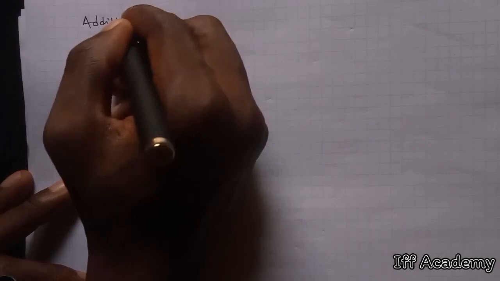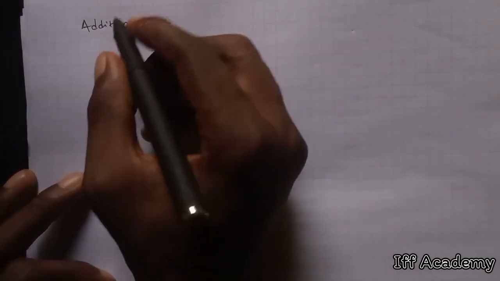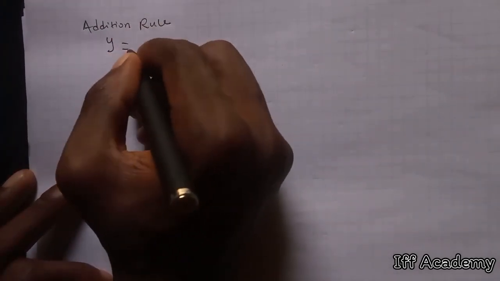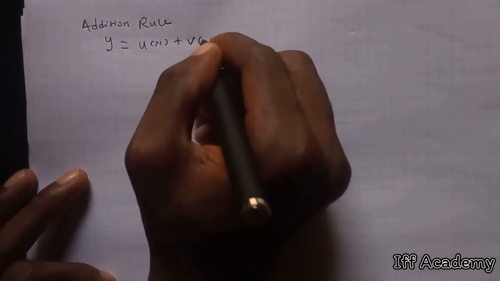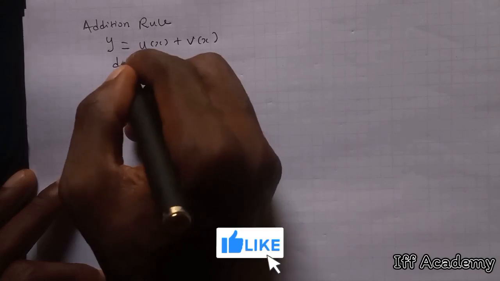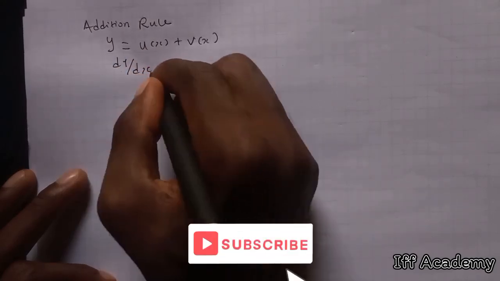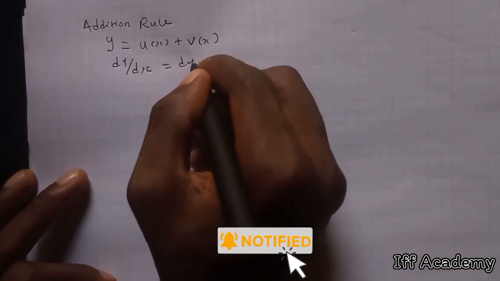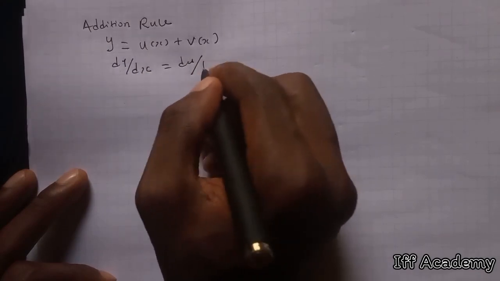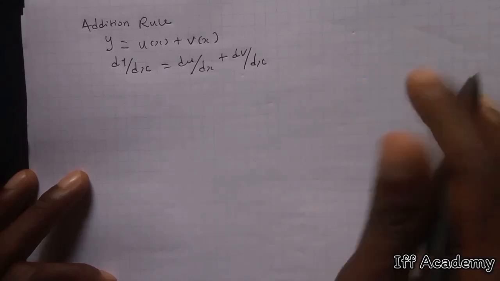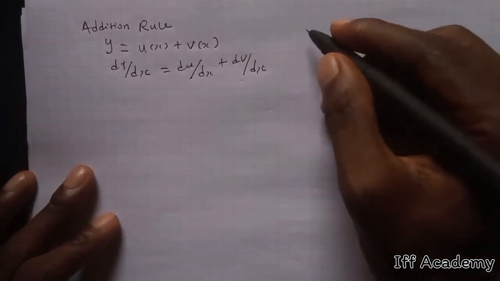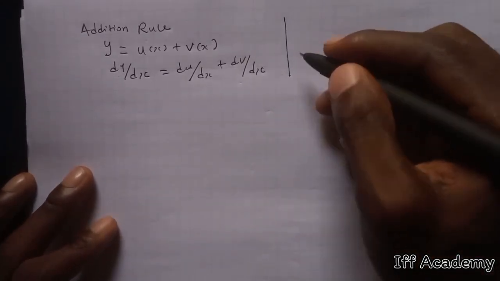So for the addition rule, if y equals u of x plus v of x, dy over dx will be what? du over dx plus dv over dx. So the same thing goes for subtraction, right?